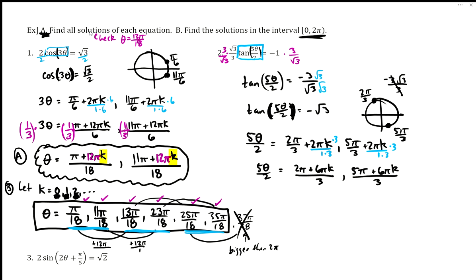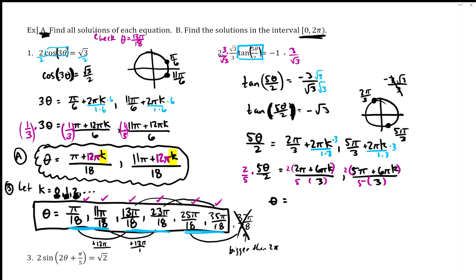And then our final step to get all the answers, so we have two parts to this, is to multiply by the reciprocal here. That multiplies each of these. So there's the 2 times the numerator, and then the 2 and the 5 times the denominator. So we multiply all terms, which gives us just theta.